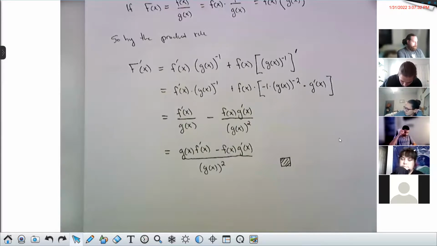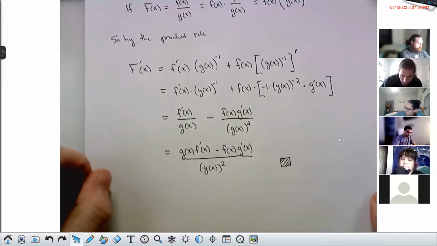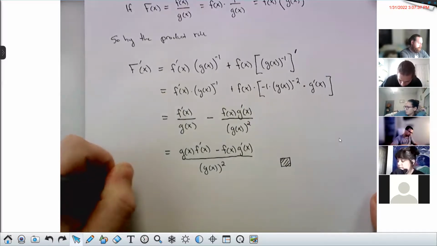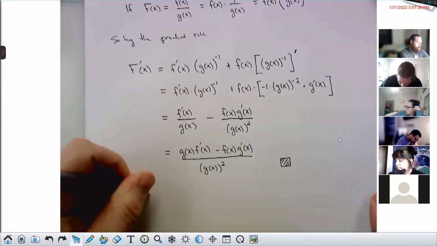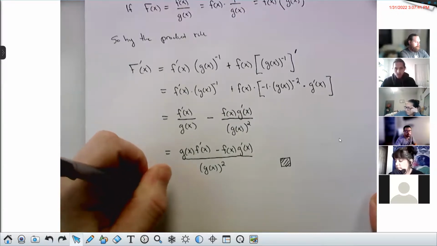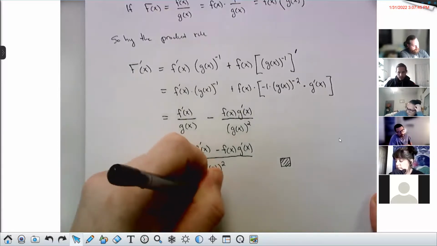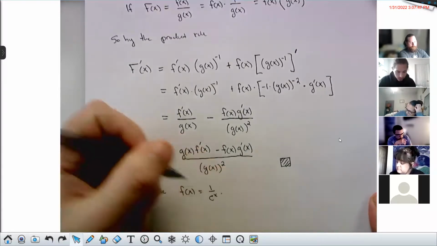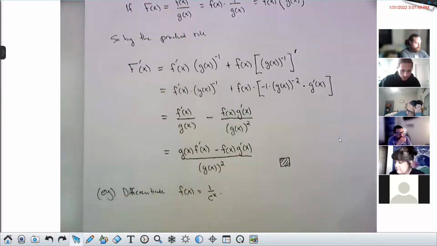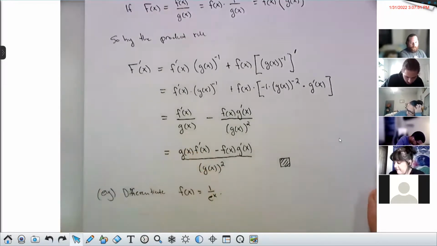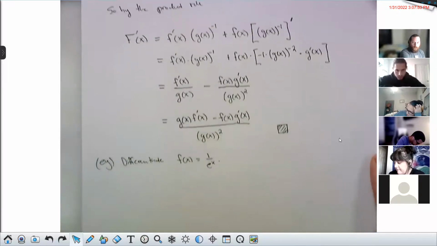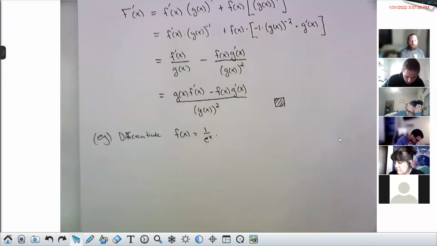For example, if I asked you to differentiate 1 over e to the x, you could use the quotient rule. You sure could, but you really shouldn't.